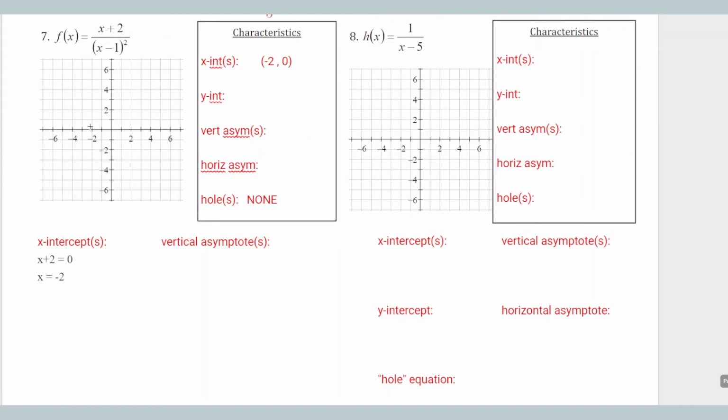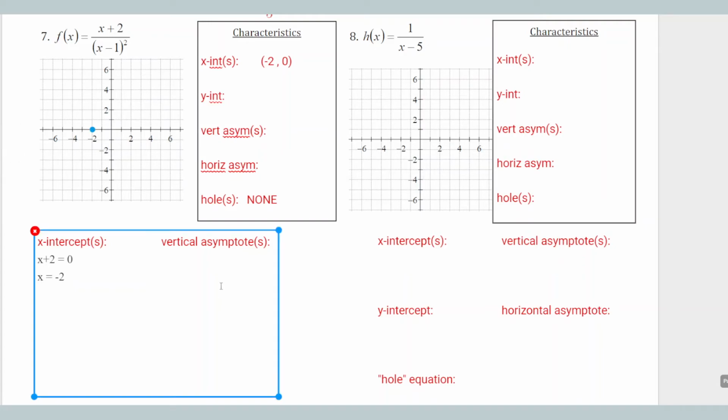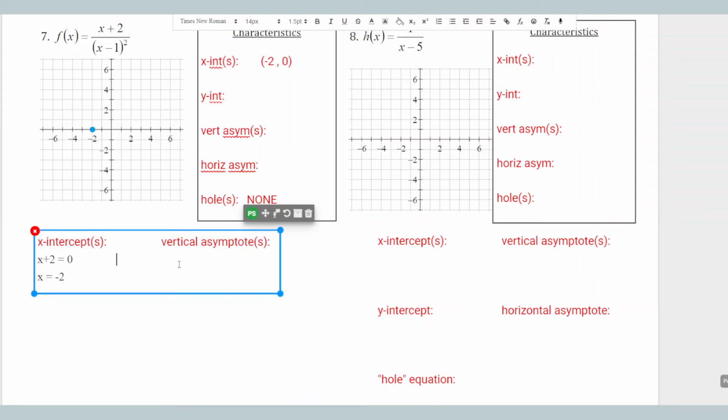And then for my vertical asymptotes, if I set x minus 1 squared equal to 0, taking the square root of both sides results in x minus 1 equals 0. I get a vertical asymptote at x equals 1.